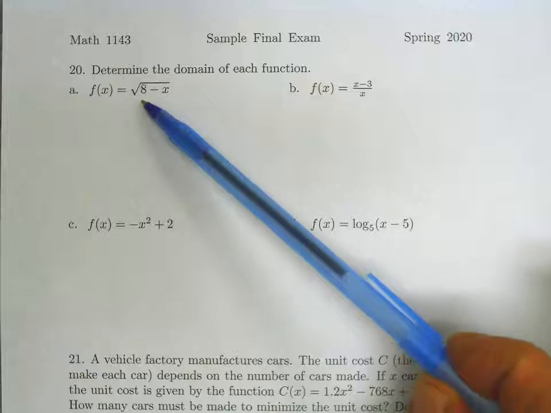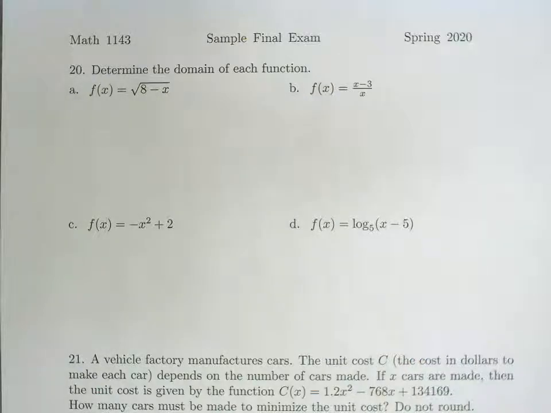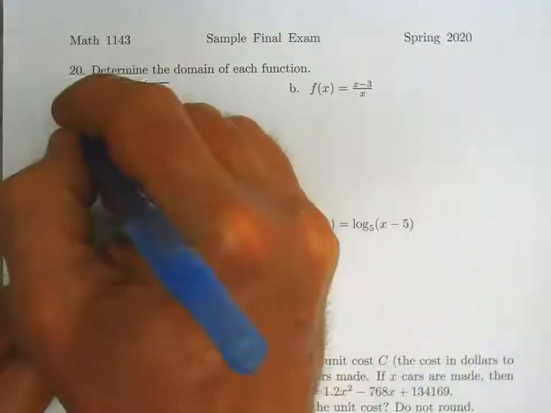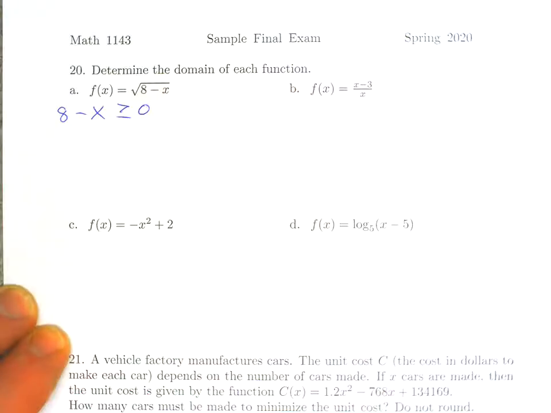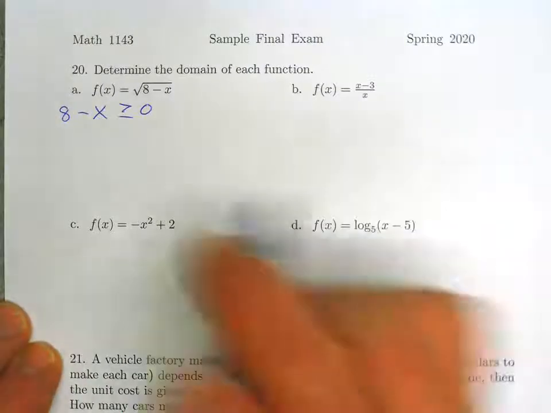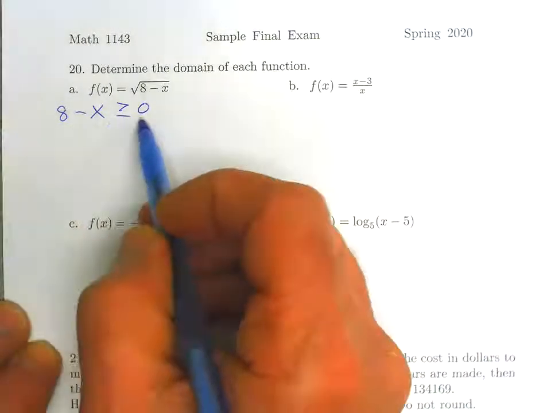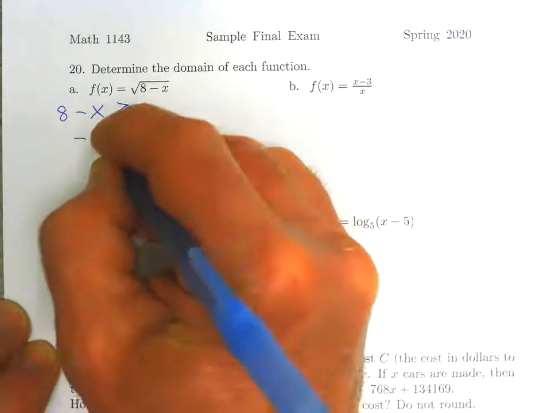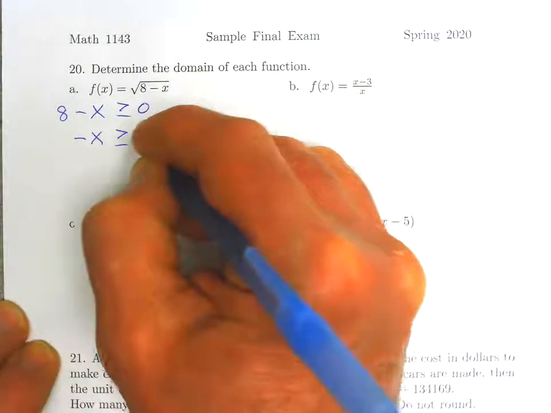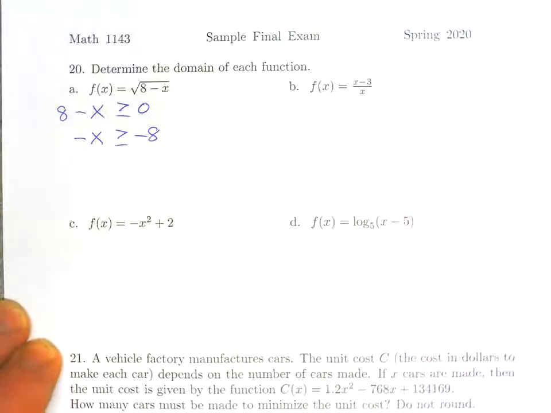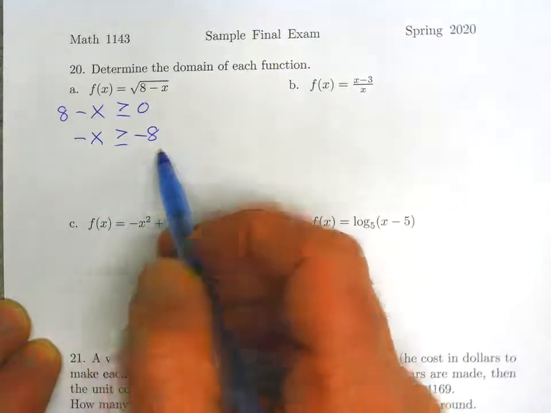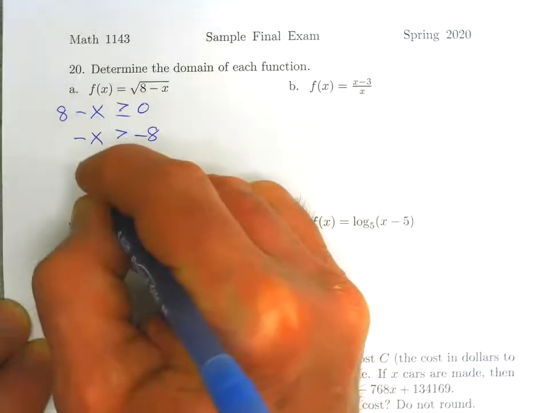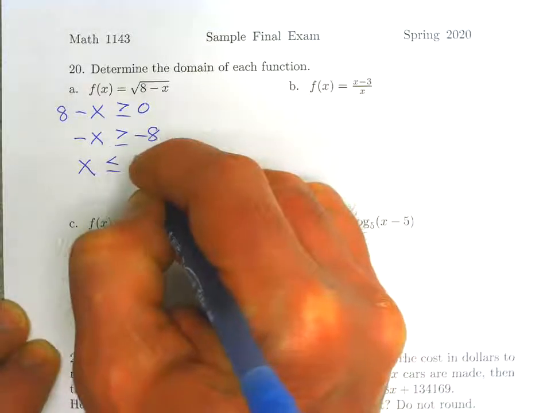So that means 8 minus x has to be non-negative. So in other words, 8 minus x has to be greater than or equal to 0. And if 8 minus x is greater than or equal to 0, then negative x is greater than or equal to -8. And then if you multiply both sides by -1, this becomes x is less than or equal to 8.